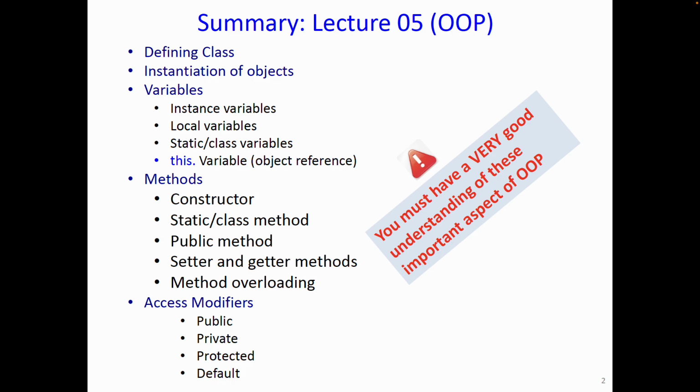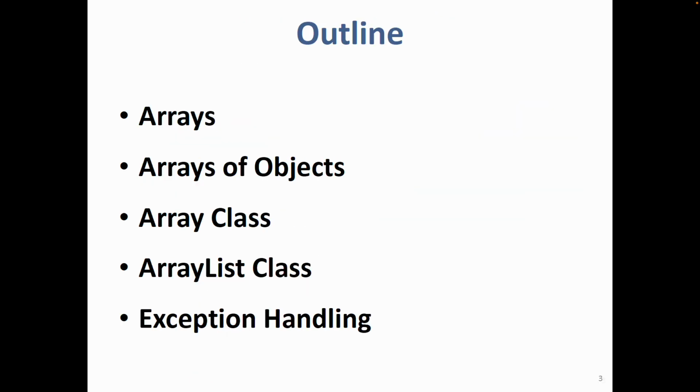And for the methods: constructors, static methods, public, setters, getters, method overloading, and those access modifiers. This is like your checklist, okay? If you are also studying for the quiz, just please be sure that you covered all these topics, okay? So this is also an important note for us.